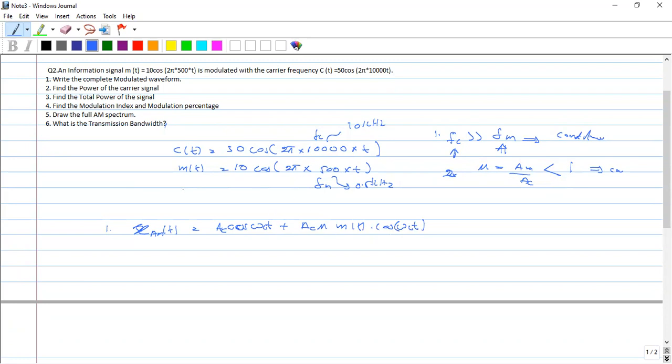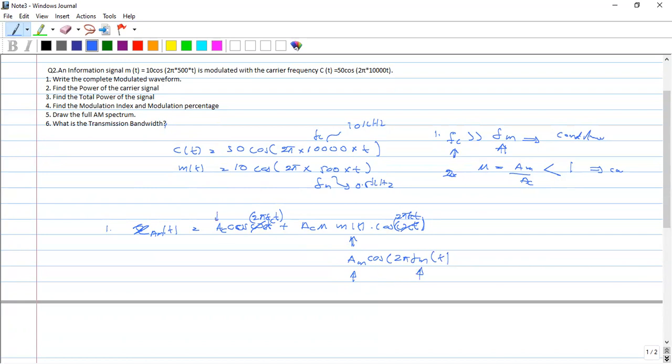Here MT is also a sinusoidal signal, so I will use the general form: AM cos 25 FMT, and the carrier is cos 25 FCT. Here AM is the amplitude of the modulating signal, and this is the frequency of the modulating signal.